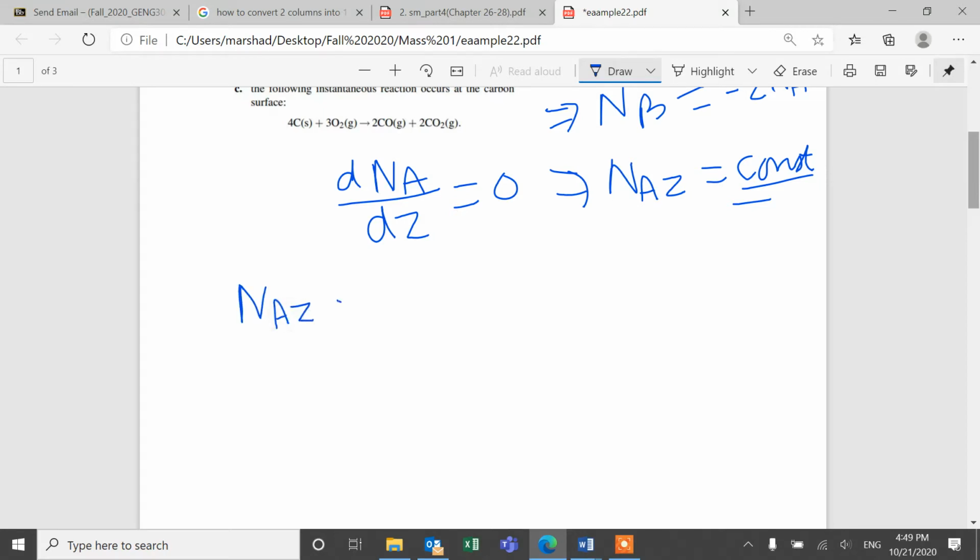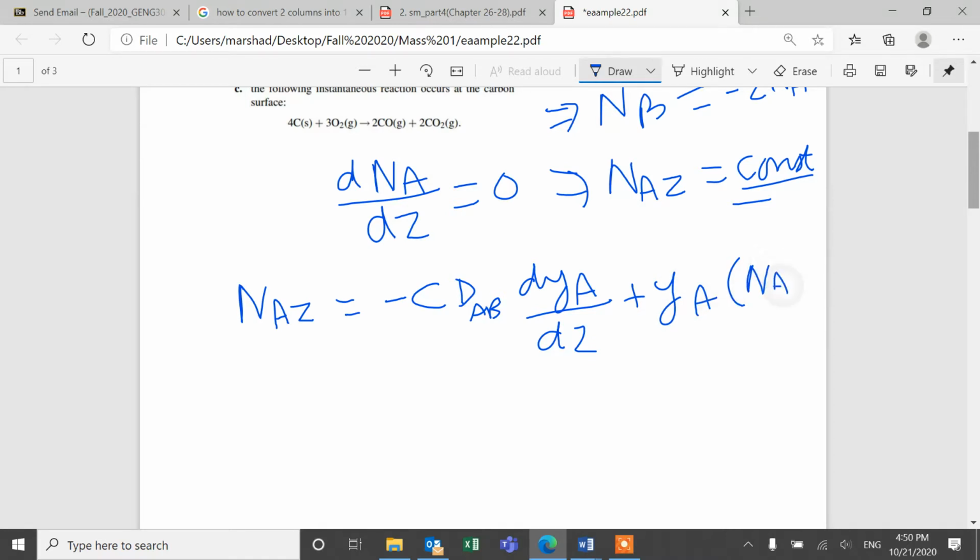NAz equals minus C DAB dyA over dz, this is the molecular diffusion term, plus yA, the bulk motion, times NAz plus NBz.